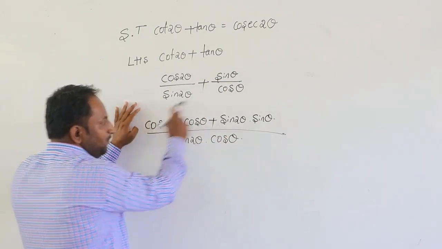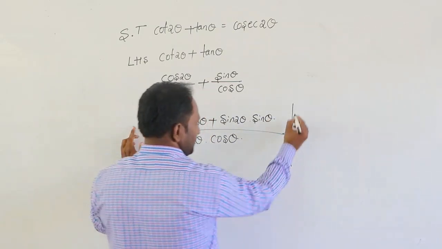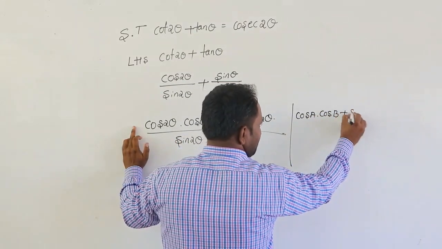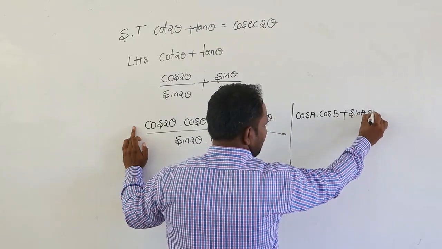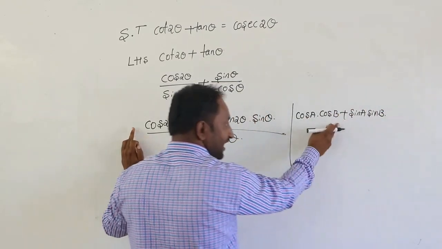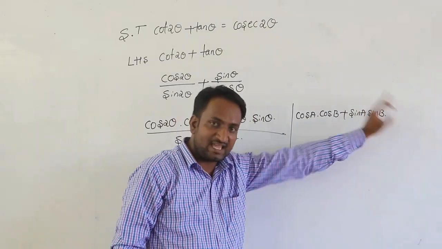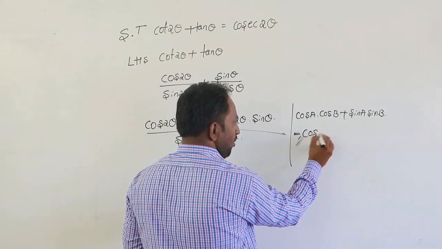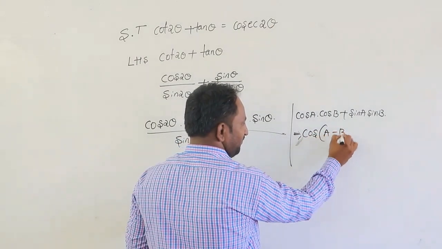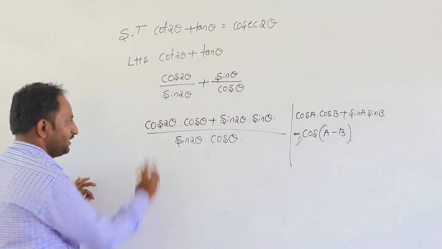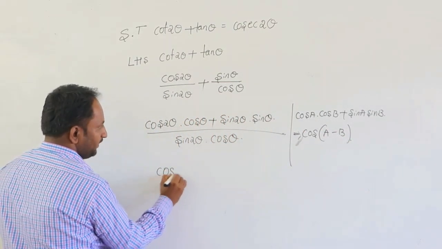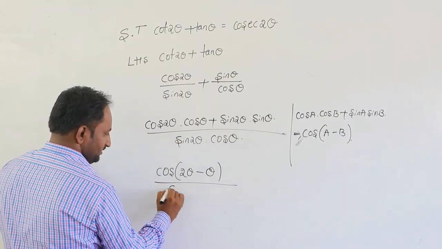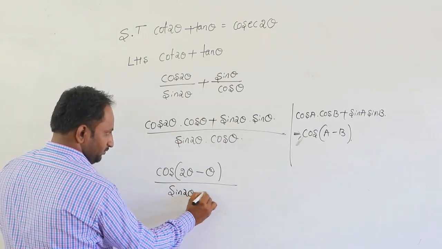This upper result comes under one standard result: cos A cos B plus sin A sin B is equal to cos of A minus B. Therefore, cos of A value is 2 theta, B value is theta, divided by sin 2 theta into cos theta.